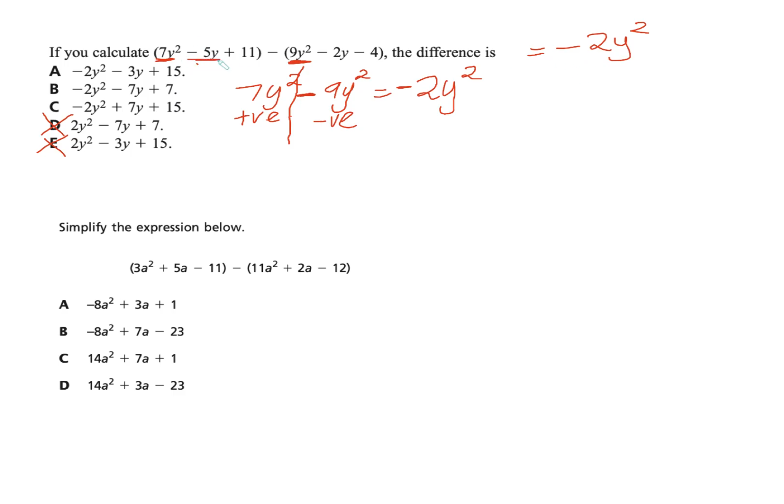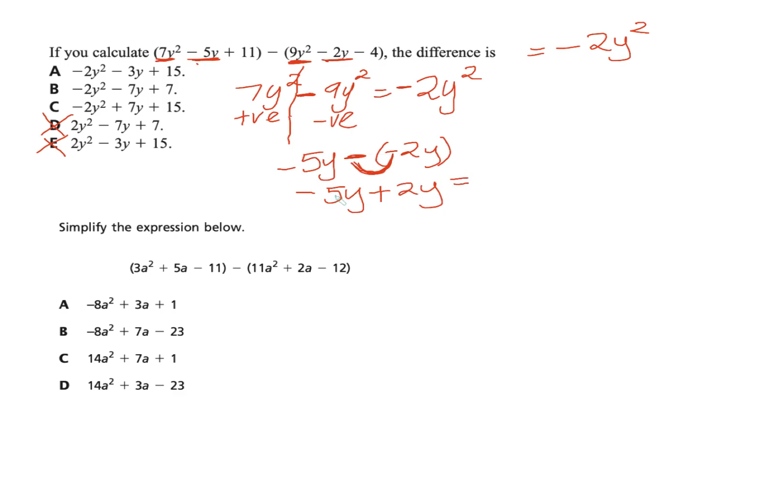Now I have the negative 5y. Notice I'm taking the sign. And then the negative 2y, they are like terms. So negative 5y, take away, and then you have your negative 2y. Now again, these two negatives come together and form a positive. So this is negative 5y plus 2y.